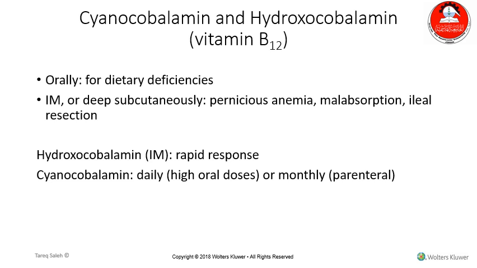To correct anemia caused by vitamin B12 deficiency, vitamin B12 can be administered orally or intramuscularly. Usually the oral preparations of vitamin B12 are used for the treatment of vitamin B12 deficiency caused by reduced dietary intake. Okay, there is no problem with the absorption, no malabsorption or intestinal pathology, so you can replace vitamin B12 orally.